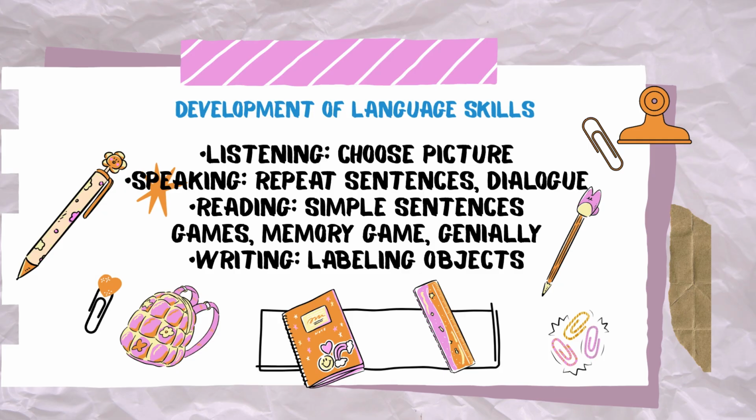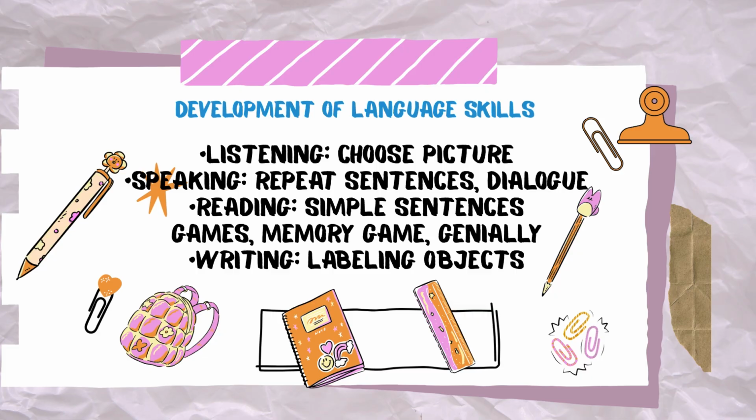For reading, I use very short and clear sentences. Students read expressions like "this is a pencil" or "these are crayons." This type of reading is accessible because it is supported with images.